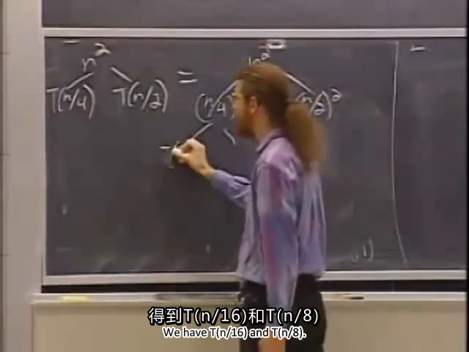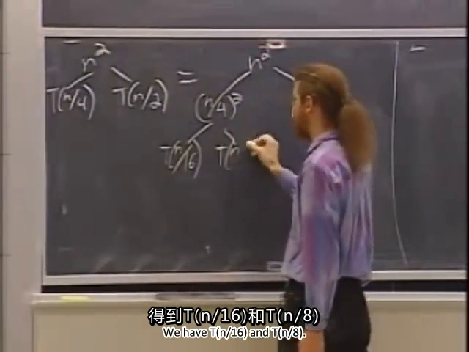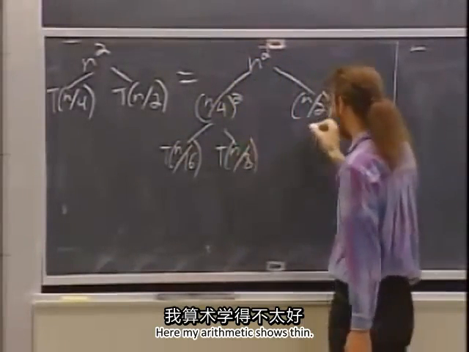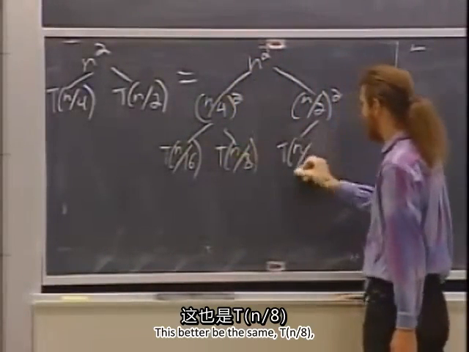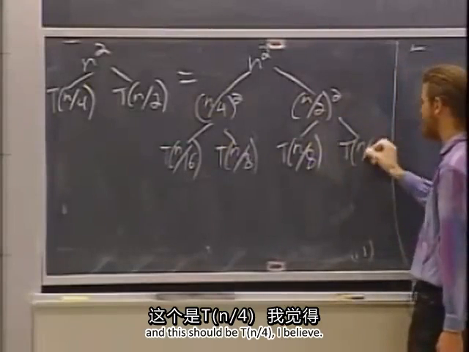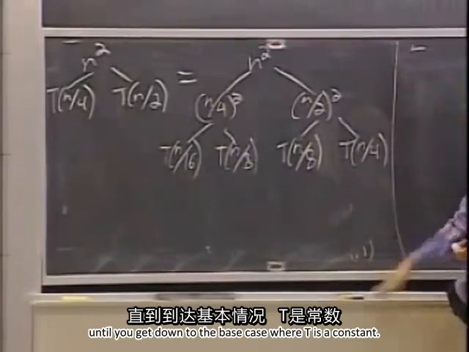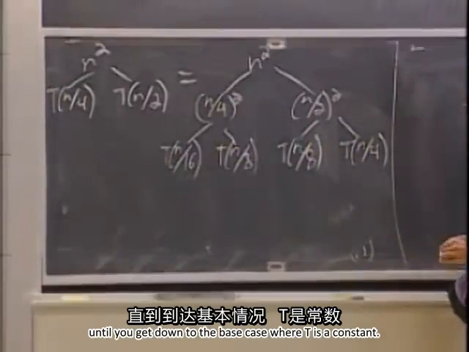So we have T of n over 16 and T of n over 8. Here my arithmetic shows thin. This better be the same, T of n over 8, and this should be T of n over 4, I believe. Okay, you just keep going forever, until you get down to the base case where T is a constant.